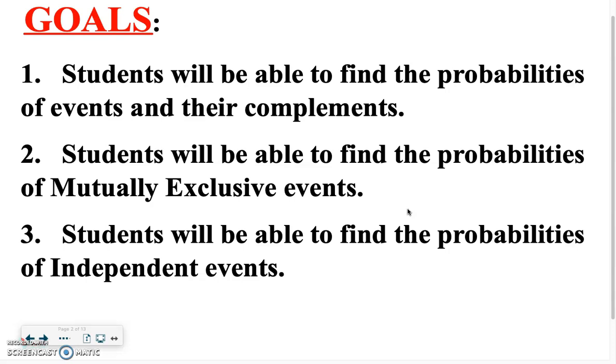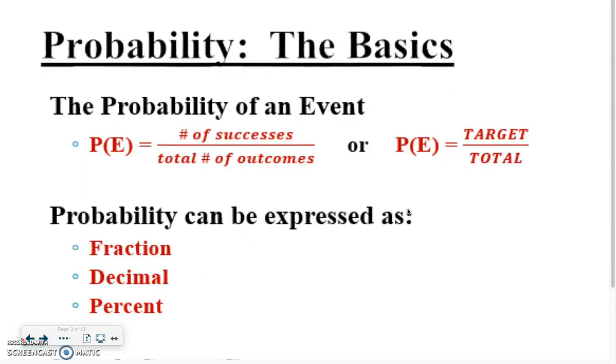We've got to understand what mutually exclusive is all about, and also be able to tell the difference between mutually exclusive and independent. The main reason why we care so much is that the formula for mutually exclusive is going to be significantly different than independent. Simply put, we're going to be adding one, we're going to be multiplying the other. So we have to know what we're looking at.